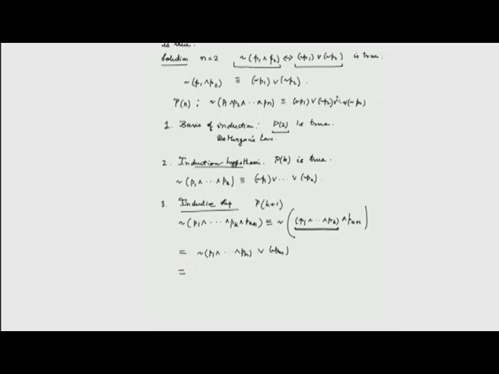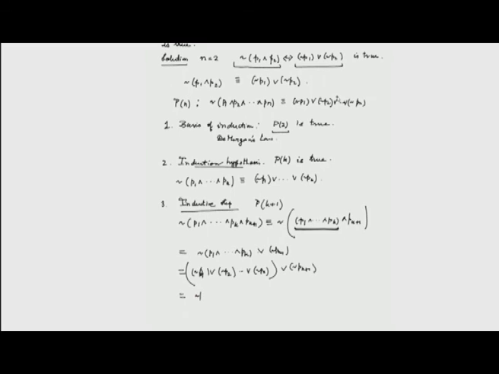And now, we use the induction hypothesis to write that not of P1 and up to Pk is not of P1 or not of P2 and not of Pk. We can of course enclose this whole expression by bracket, and then it is not of Pk plus 1. And now we know that in this case we can remove the brackets.